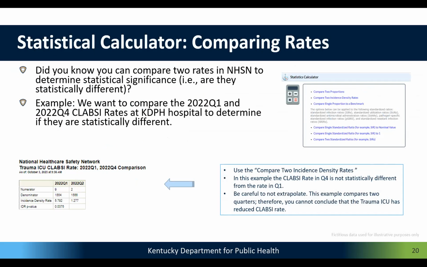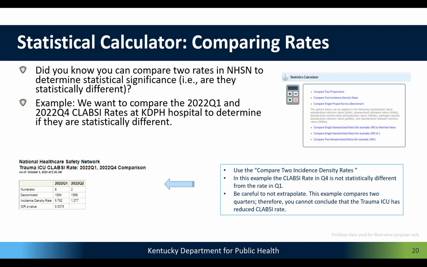Again, did you know that you can look at the statistical significance of the difference between two rates? For example, if we wanted to compare the 2022 quarter one and 2022 quarter four CLABSI rate at KDPH Hospital to determine if they were significantly different, we could do so using the statistical calculator. Now, when we are doing this, we can see that they are statistically different based off of that p-value being less than 0.05.